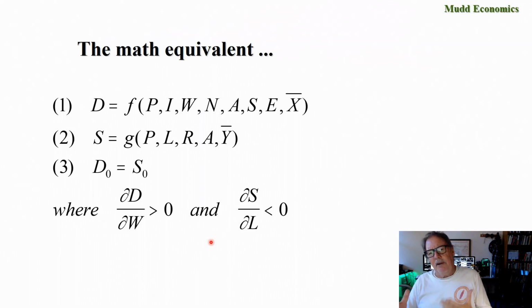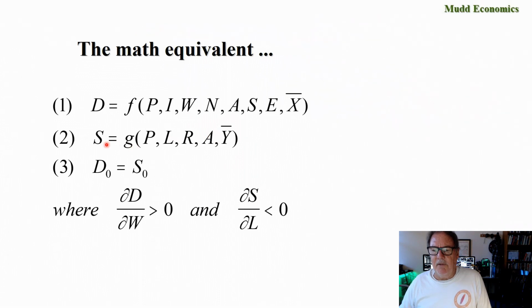So you can present it at any level you want. Just graphical and leave it there, but remind people that there is some sensitivity of the model to income and wealth and inflationary expectations and other expectations. Or we can say, look, we have a demand curve that is in fact a function of all of those variables that we talked about, including some that are common to both, such as the price, but also income, wealth, and so forth.